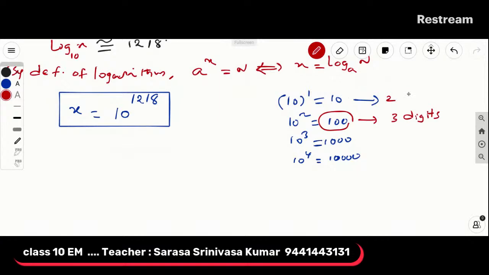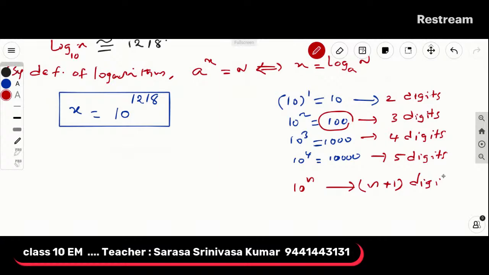In 10 to the power of 1, 2 digits. In 10 to the power of 3, how many digits are there? 4 digits. In 10 to the power of 4, 5 digits. Like that, if 10 to the power of n is given, then it has n plus 1 digits.